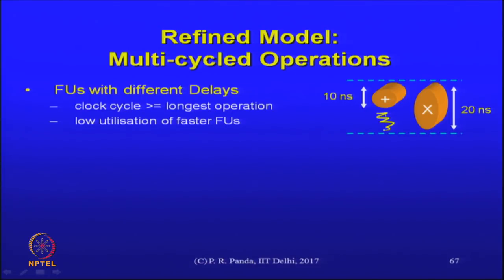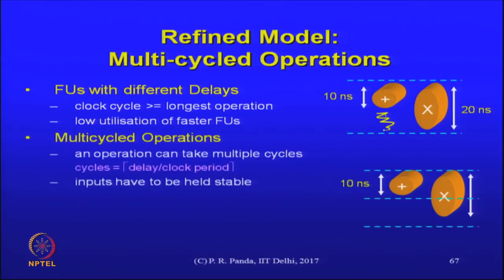If it was 10 say, then the add would finish in one clock cycle, but the multiplier would take multiple clock cycles. But in general, the number of cycles for a function unit can be computed like this, whatever is the characterized delay of that component divided by the clock period. You have to take the ceiling of that to give you integral number of cycles. That is the treatment as far as the schedule is concerned.